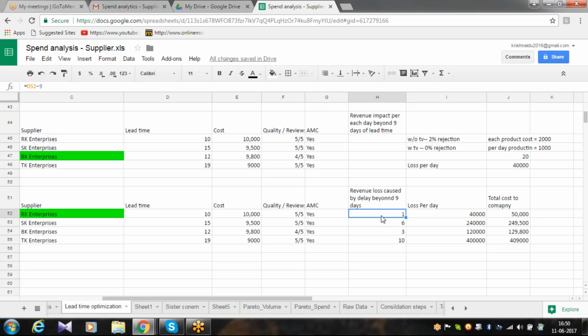So what is the loss? What is the value of the order? Sometimes the value of orders is in crores, sometimes in lakhs, 50 lakhs, 60 lakhs, 70 lakhs. So just for raw material, are you going to lose the big order, just because a supplier is giving you a big cost benefit but at the same time a longer lead time?